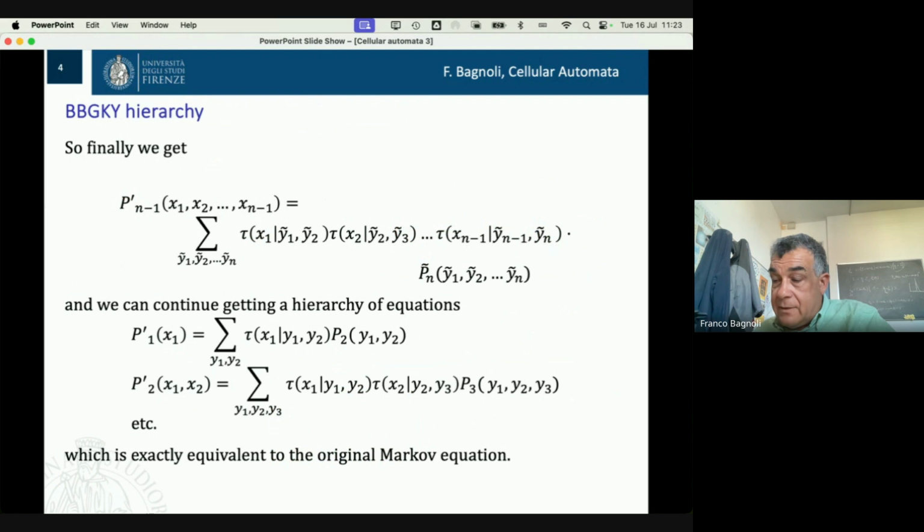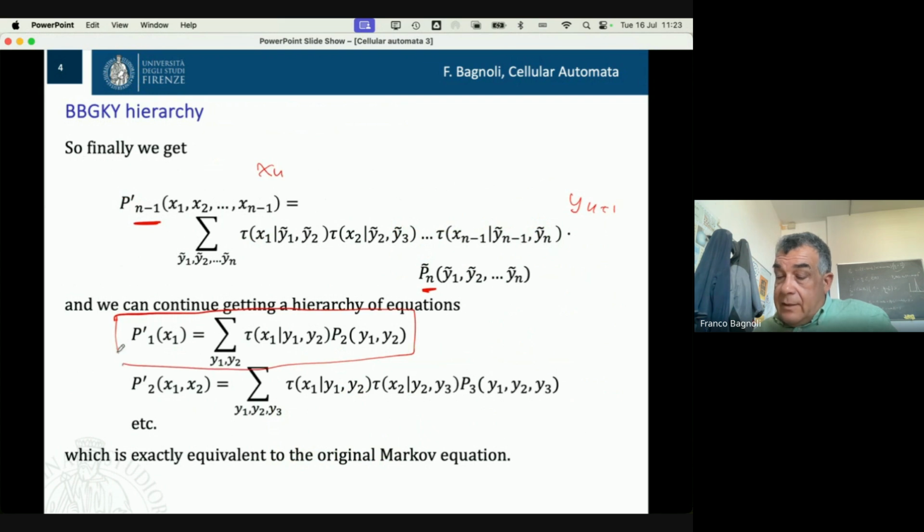So summing first over xn, then over yn plus 1, making no approximation, I can have this relation between n minus 1 and n. So I can continue up to the end, and the last term is this one.